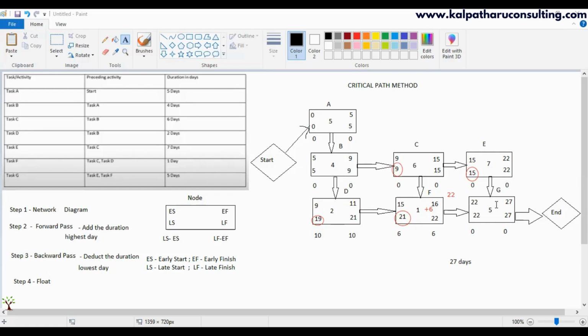Because of the dependency, you can delay to the extent of the float without impacting the schedule. If it exceeds the float, it will have an impact. I hope you understood what float is. Here the float is 0, you cannot delay. Here it is 10. Here it is 6.